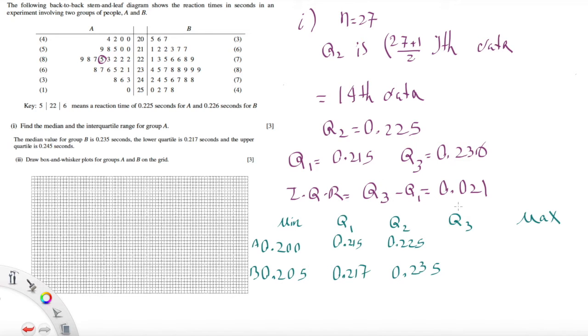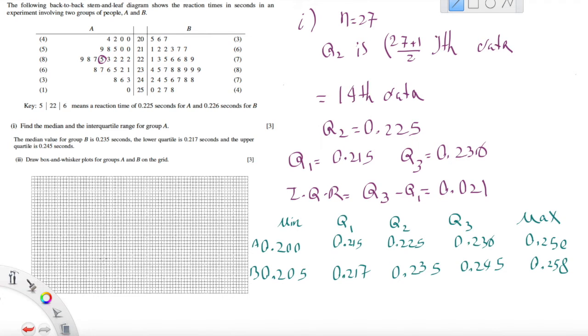Q3 we found here 0.236. Q3 for the other group is 0.245. Maximum data is the last data. For group A it is 0.250, and for group B is 0.258.